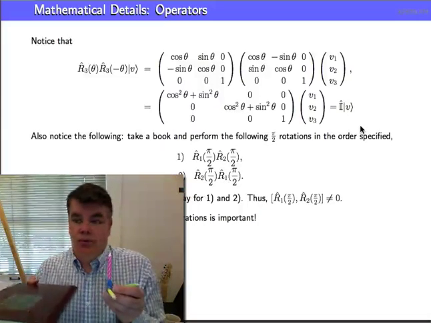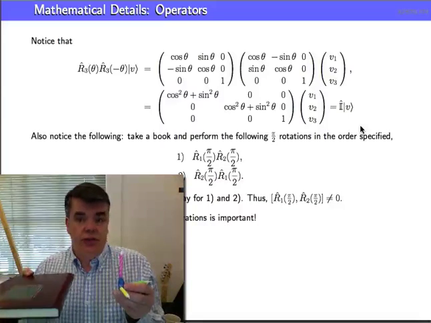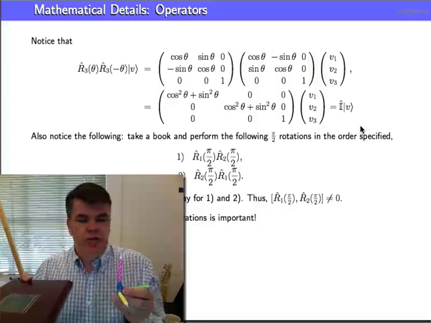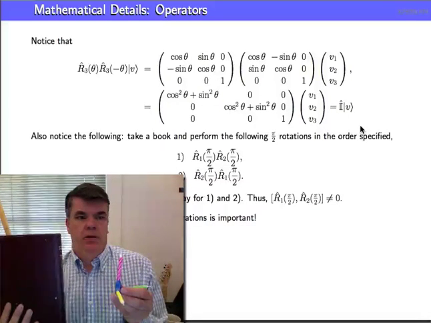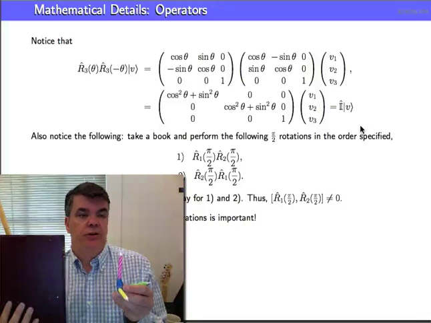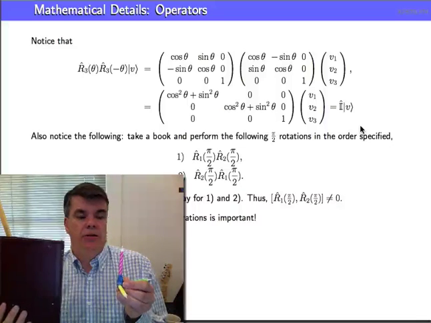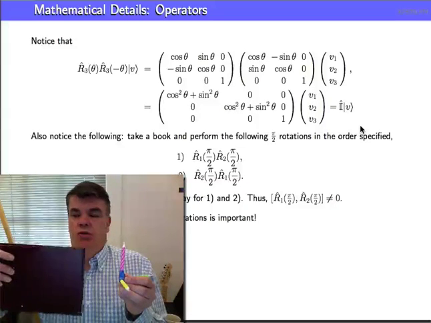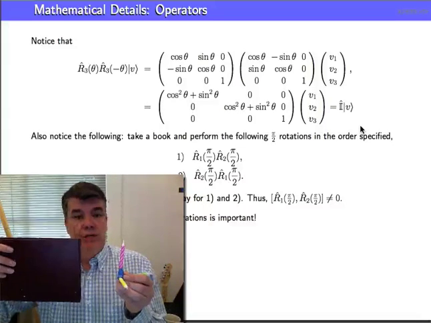Let me consider 2 rotations. I'm going to start with the book in this orientation, and I'm going to do the rotation about 1 first, like that, by pi over 2, 90 degrees. And then I'm going to rotate about that one by 90 degrees, like that. So notice, remember the orientation of this book.